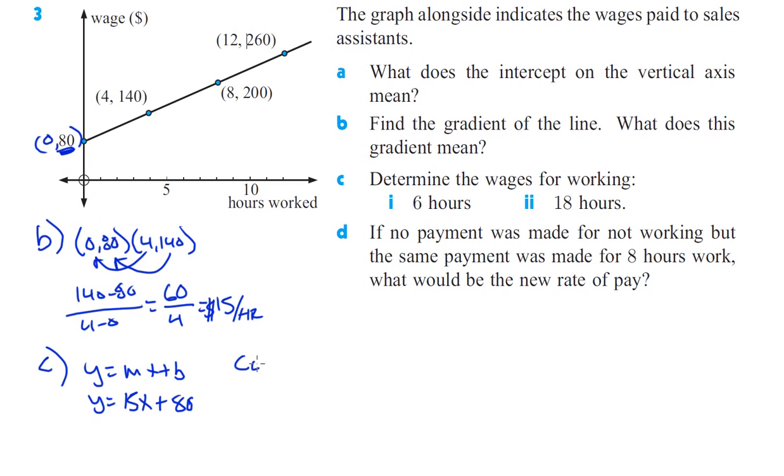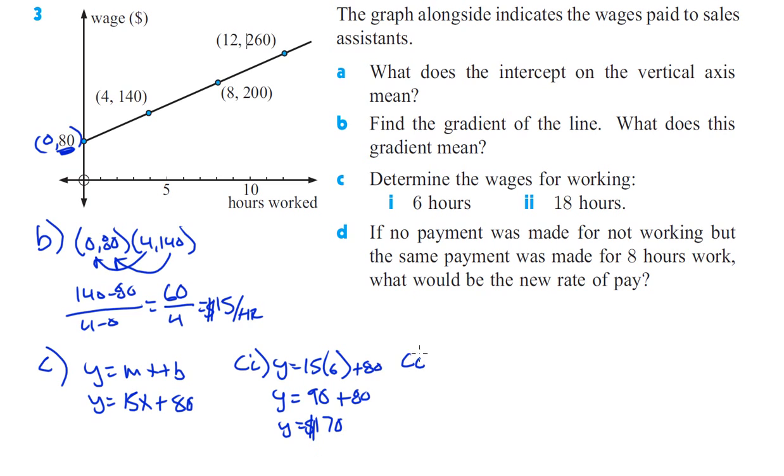For C part I, we plug in 6 for this x, so y equals 15 times 6 plus 80. 15 times 6 is 90, plus 80 gives us 170. Since that's y, that's $170. So if they work 6 hours, they're going to earn 170 bucks.